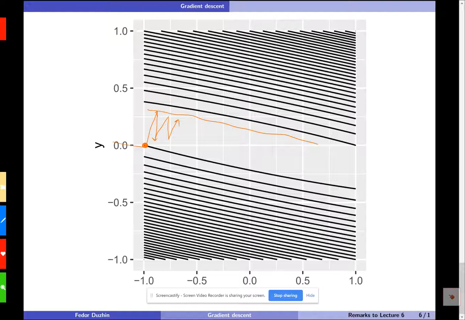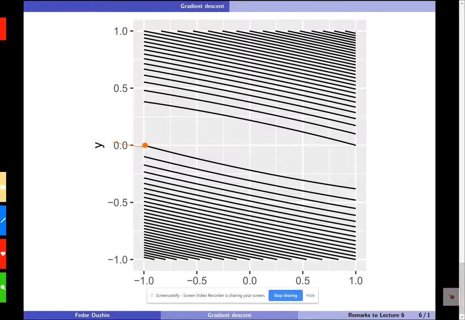The longer and narrower the ellipses we have as our level curves, the more our gradient descent is prone to overshooting. So in order for it to be nice and stable, we will have to choose a smaller learning rate.